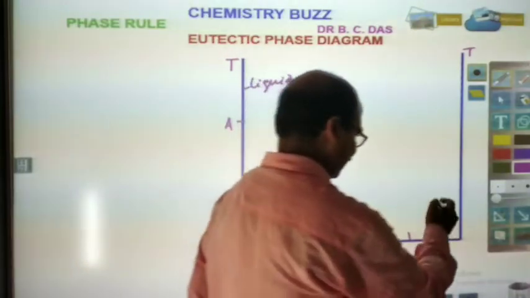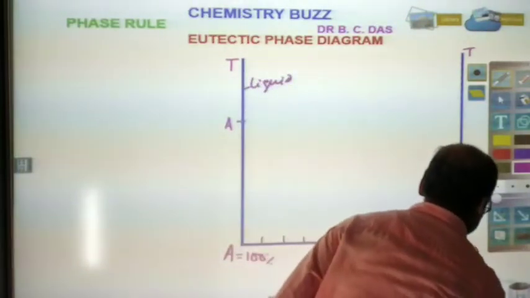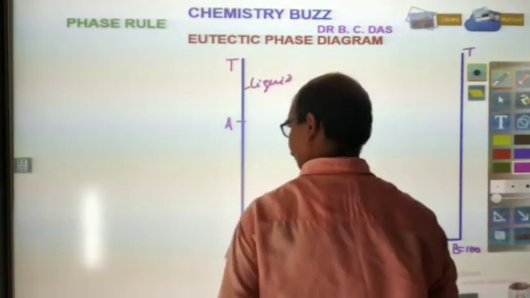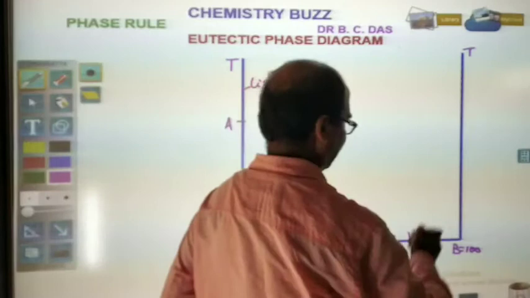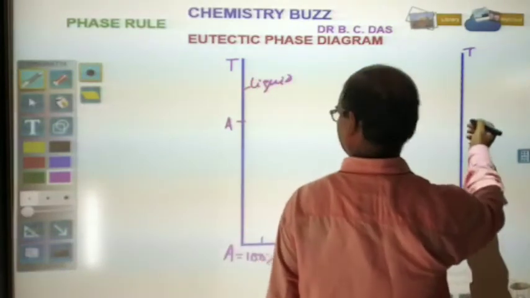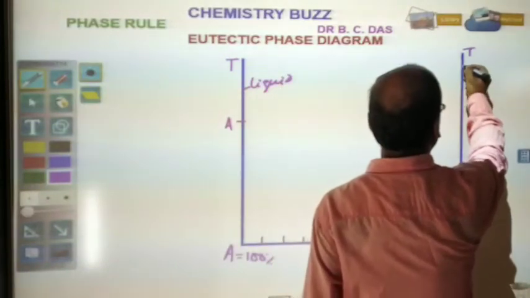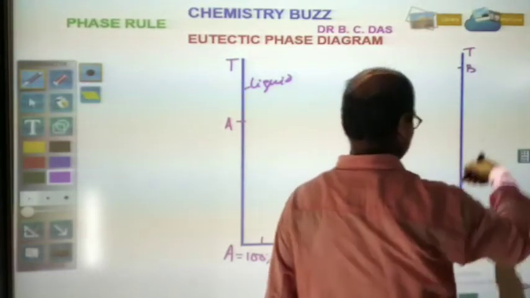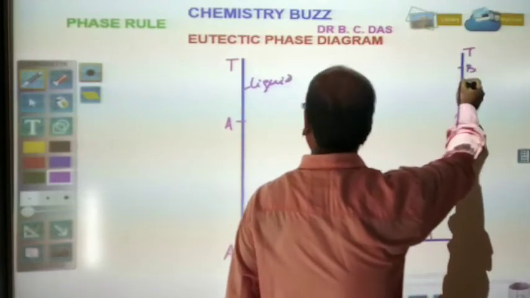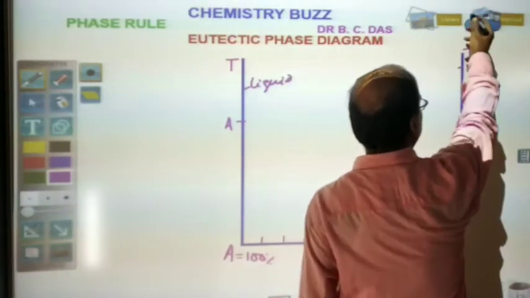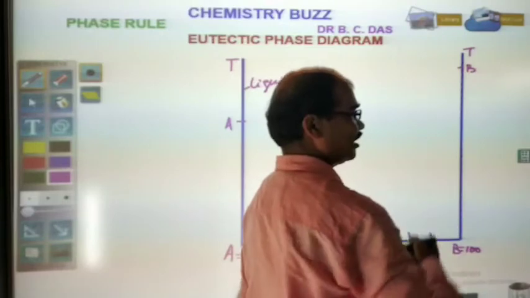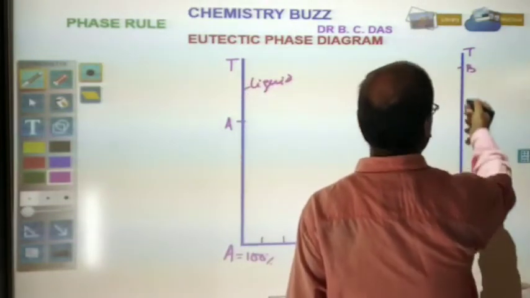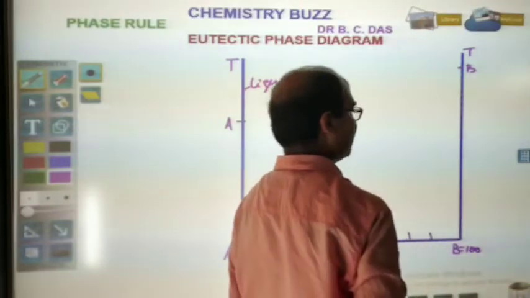Similarly, here we take B equal to 100%, and say its melting point is somewhat higher. So this is the melting point of B. Above this, the substance exists in liquid phase, and below this temperature it is in solid state.